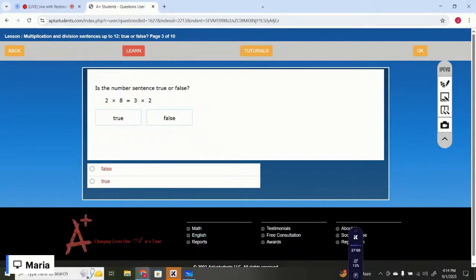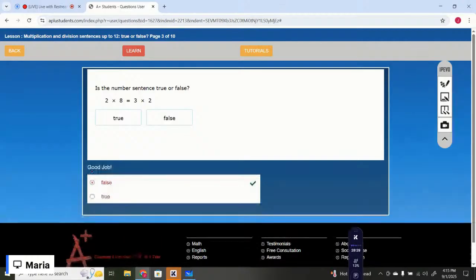Is the number sentence true or false? So 8 times 2 is 16 and 3 times 2 is 6. So false it is. Option number 1 is the correct option.